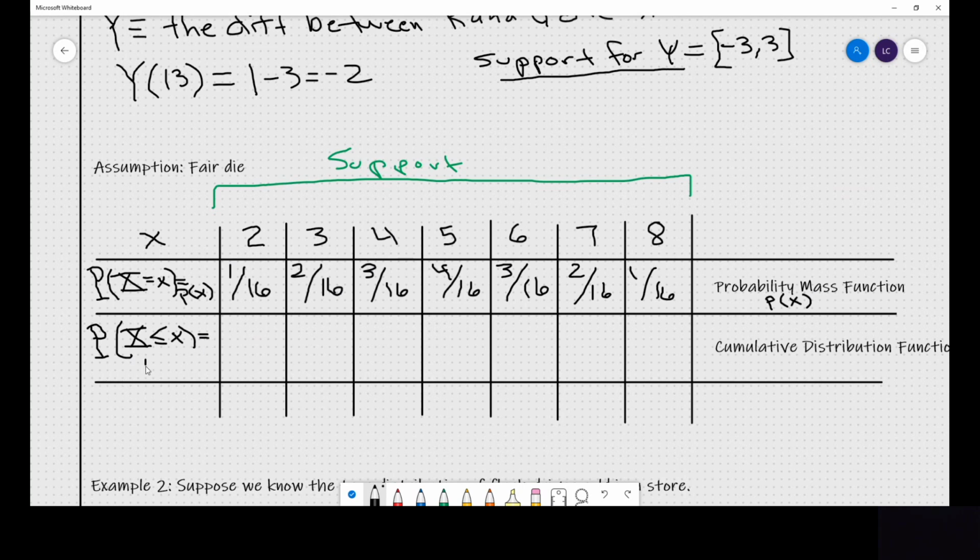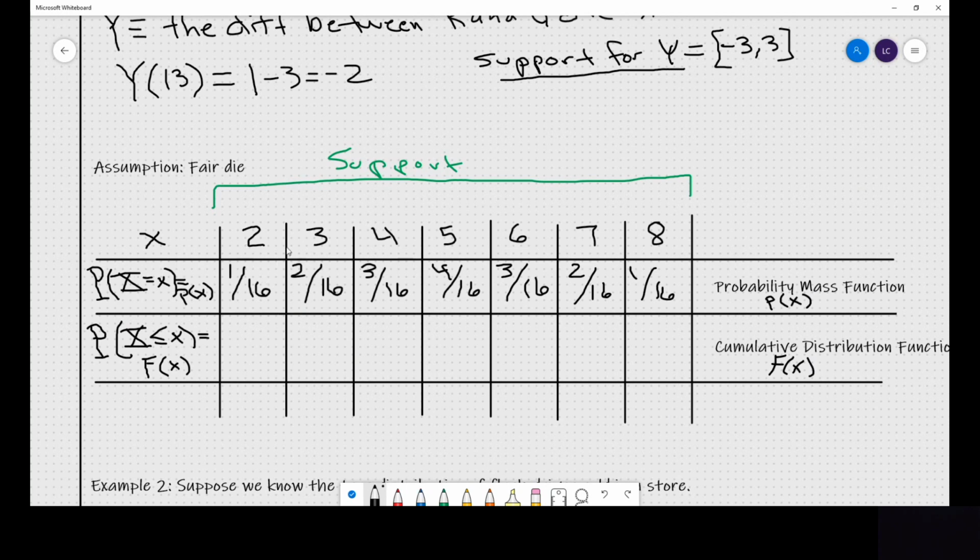And that's going to equal capital F. And when we get to continuous, we'll remember, unless you remember already, why we use a capital F here and a small p there. So let me write F of x here, and then we'll just start doing the calculations, right?